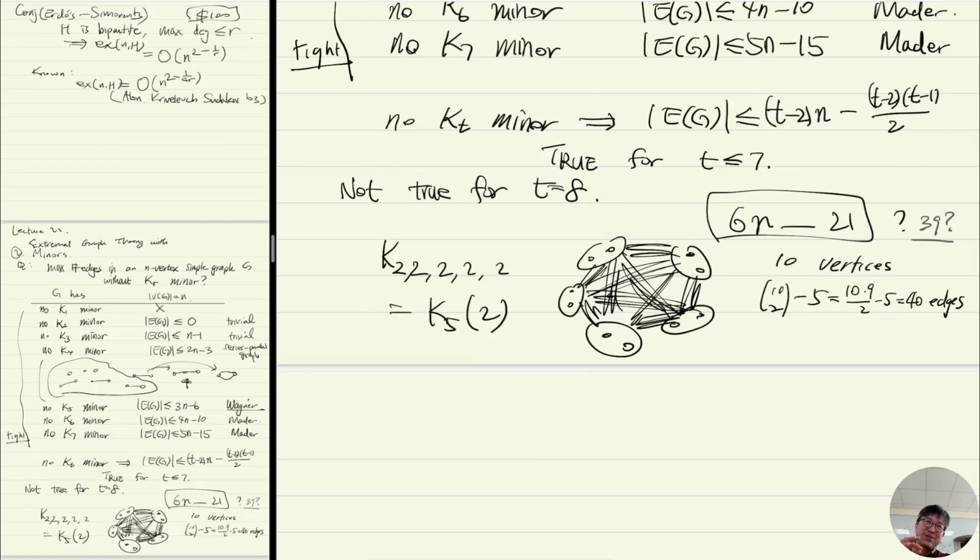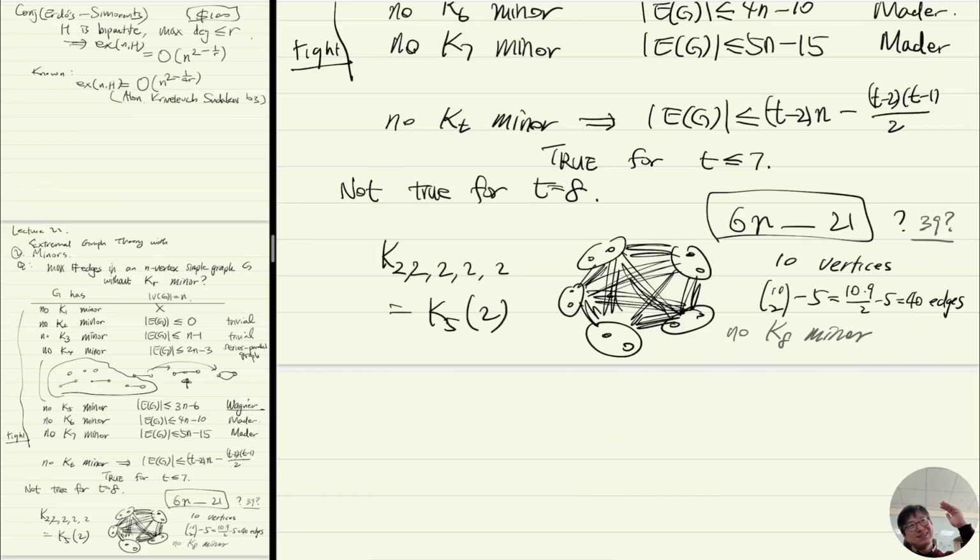Each of 6 vertices are from a single vertex of K2. So if we pick 6 vertices from this graph, 2 of them must come from the same bag. If they come from the same bag, then they are non-adjacent. So that's a contradiction to the fact that this was a K8 minor. So this has no K8 minor.